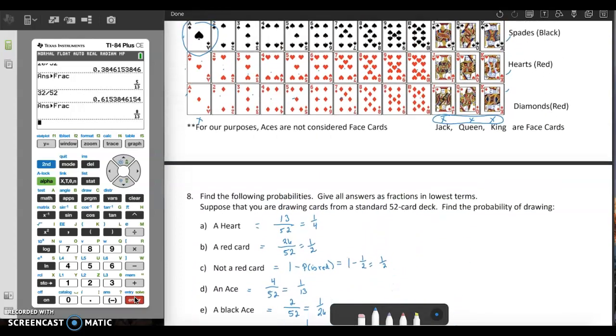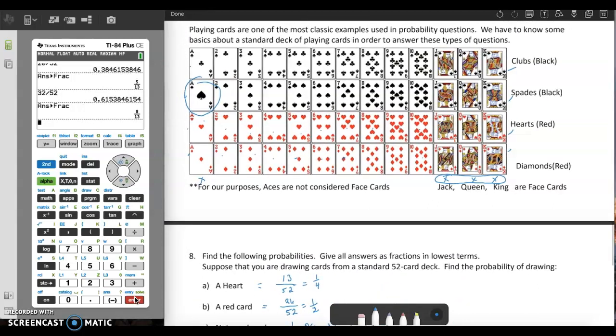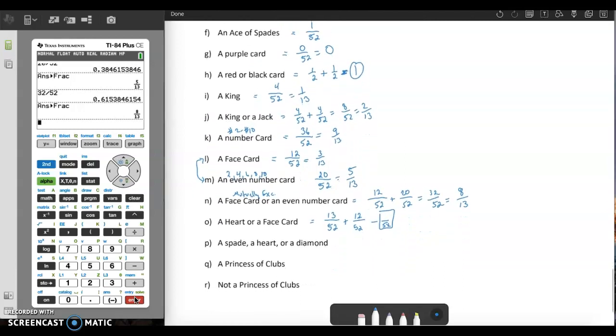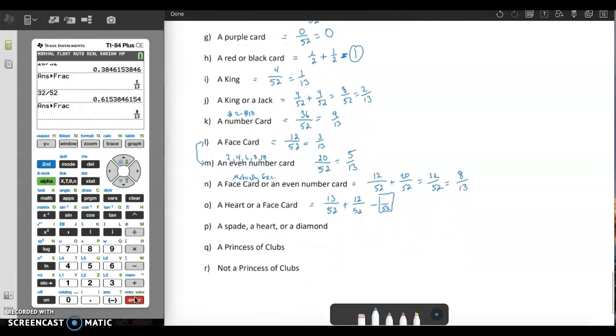So how many ways are there to be both a heart and a face card at the same time? That would be these three right here. There are 3 face cards that are also hearts. So right now, those have been counted twice. We need to subtract those 3 away so that they don't get double counted. That should leave us with 22 out of 52, which is 11 over 26.